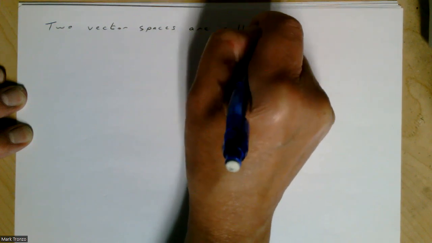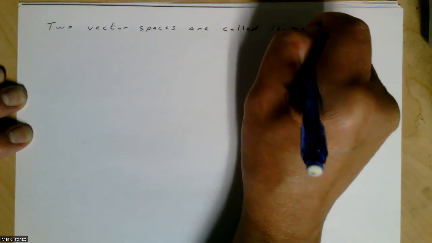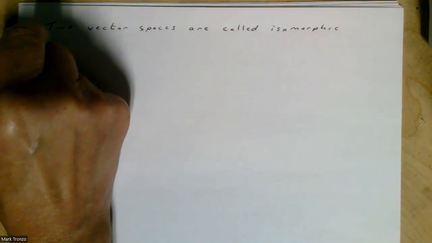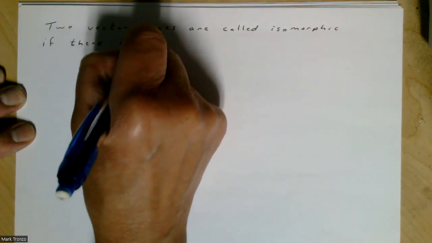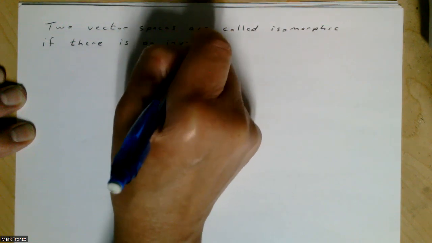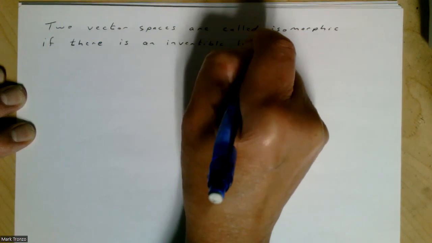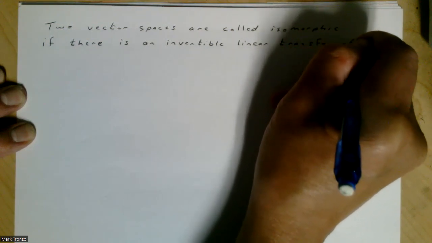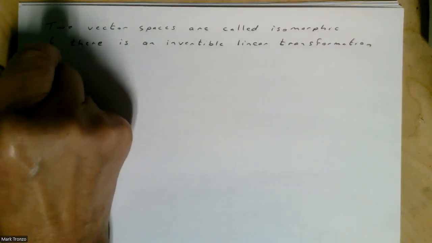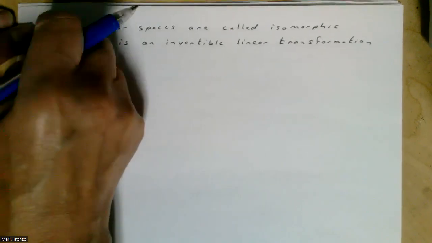Now we come to a definition. Two vector spaces are called isomorphic if there is an invertible linear transformation from one vector space to the other.